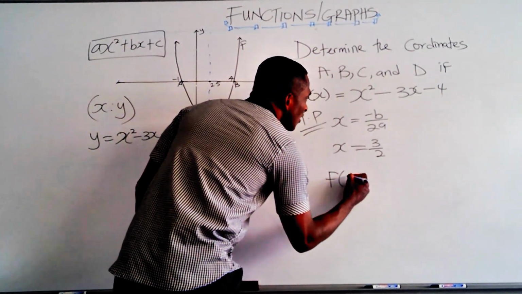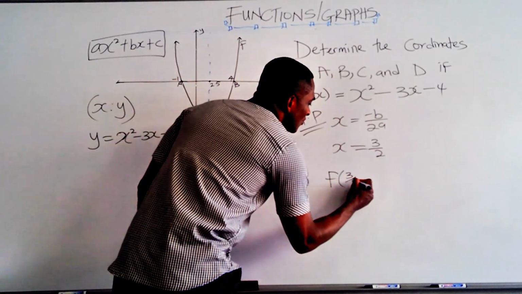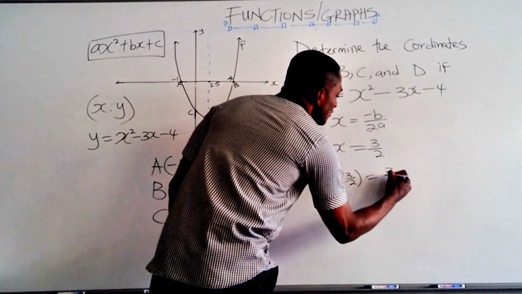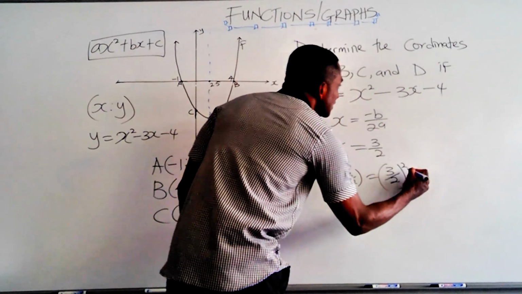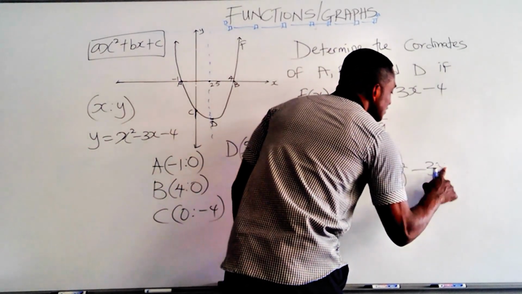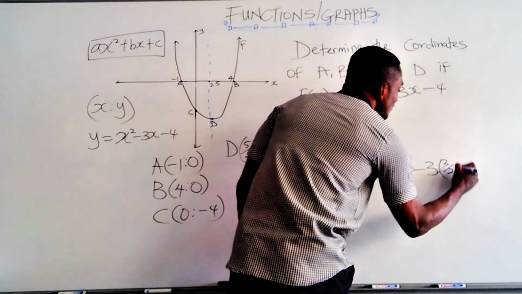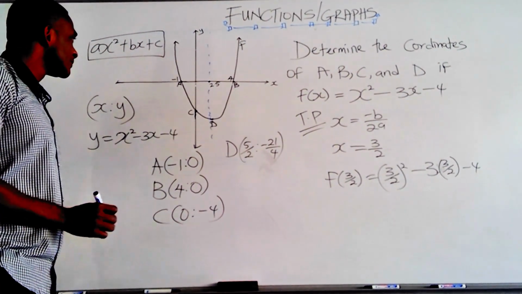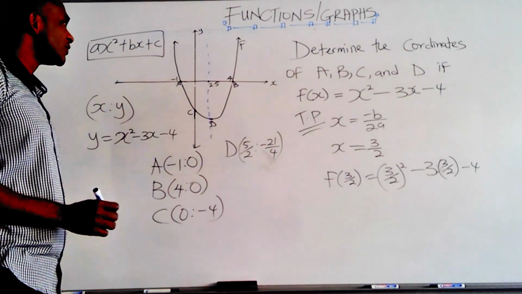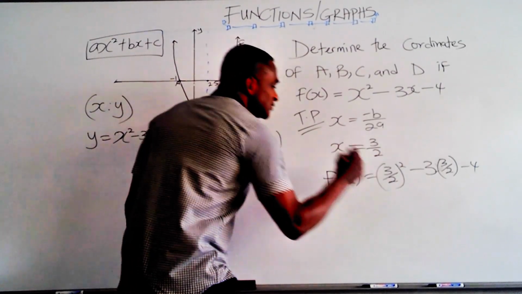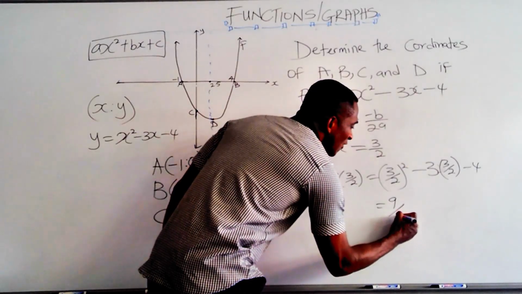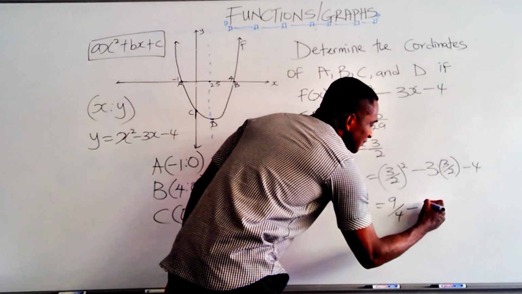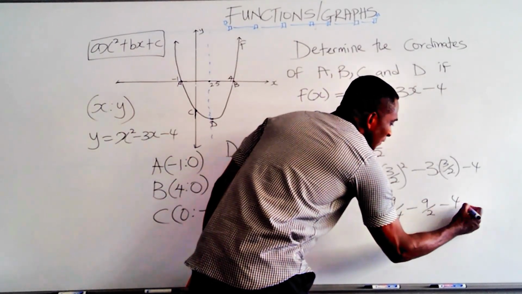So we have f of 3 over 2 equals 3 over 2 all squared minus 3 times 3 over 2 minus 4. So this gives me 9 over 4 minus 9 over 2 minus 4.